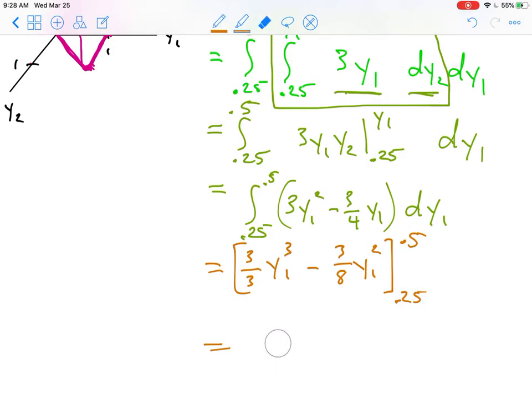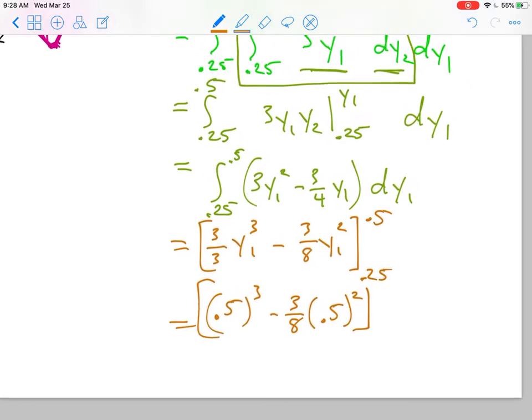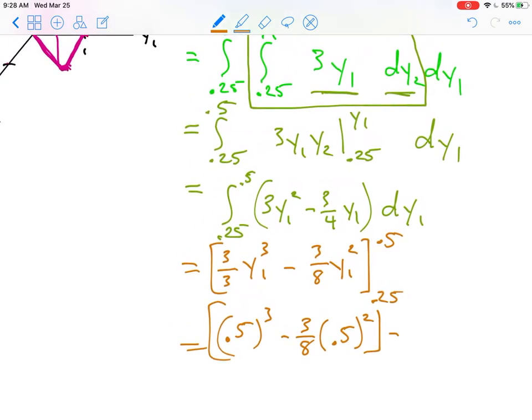Let me show you a little bit more. All right, so we have 0.5 cubed minus 3/8 times 0.5 squared, minus 0.25 cubed minus 3/8 times 0.25 squared.